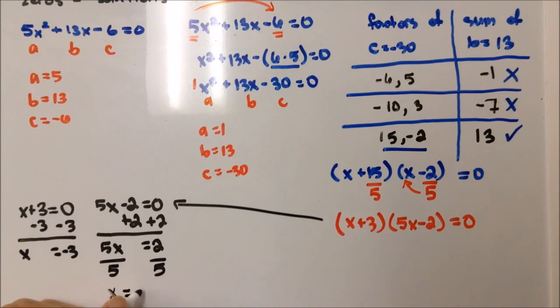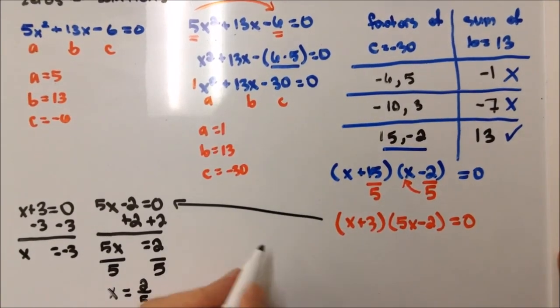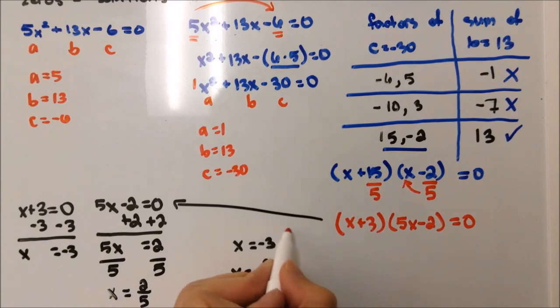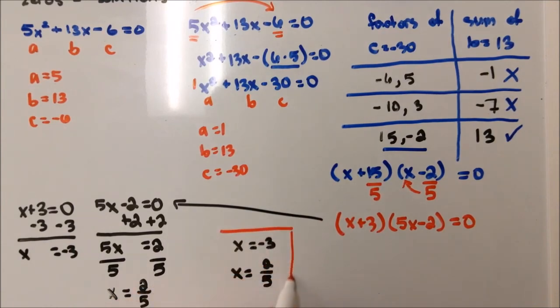And now it equals a positive 2 over 5, or 2/5. So our final answer is x equals negative 3 and x equals 2 over 5, or 2/5. And let me box our final answer. And we are done.